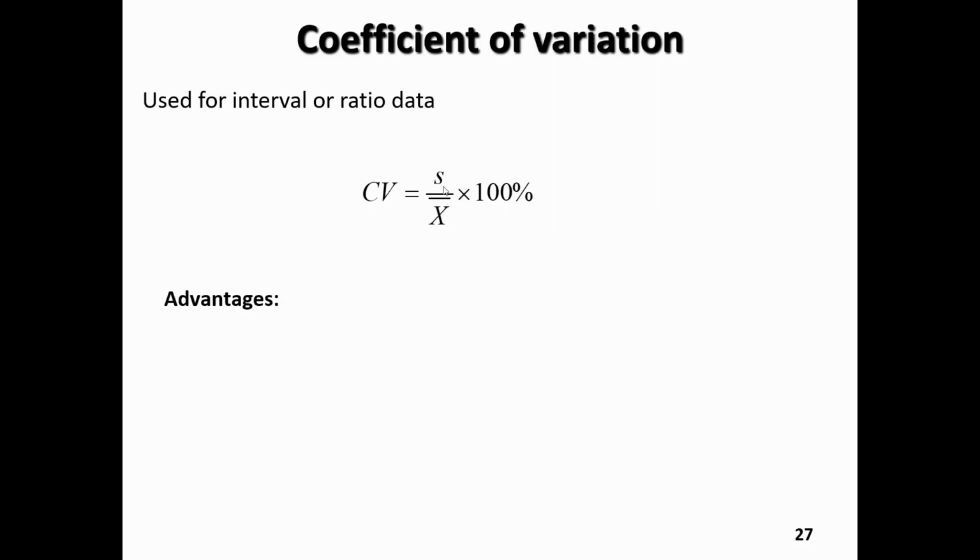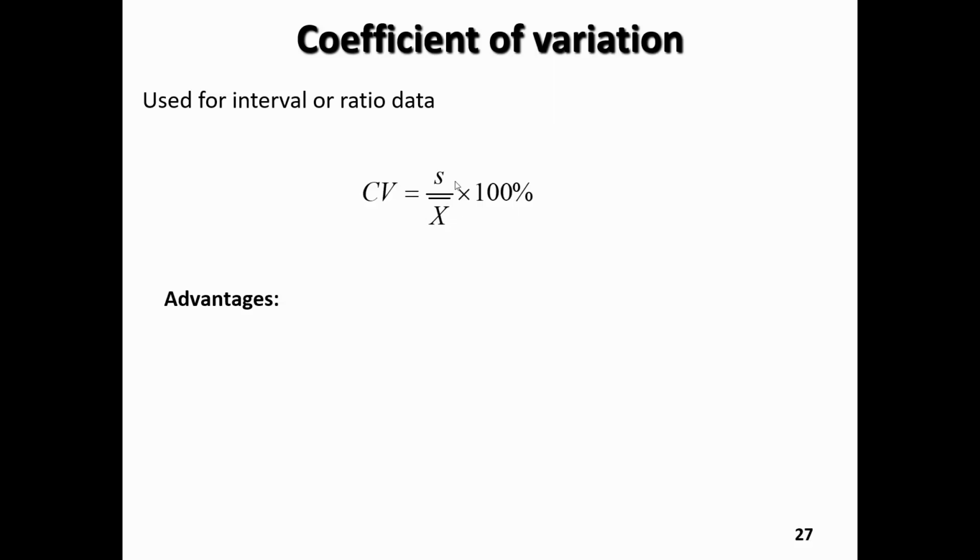Recall that the standard deviation has the exact same units as the average score. In our previous example of the average age of 80 years, the standard deviation was plus minus 5 years. Since we divide 5 by 80 years, the years cancel as units.